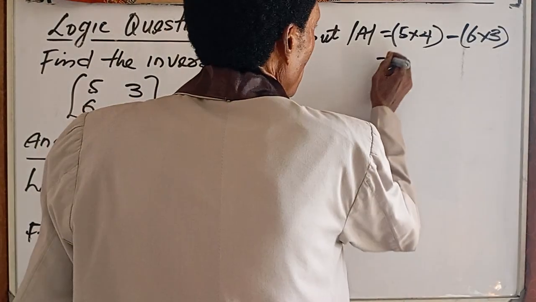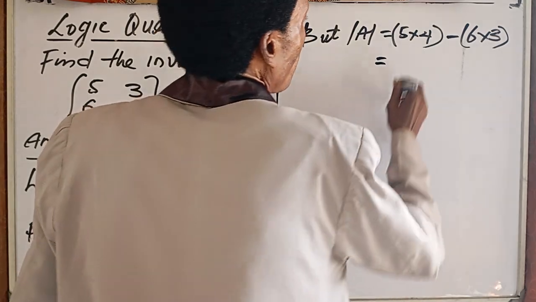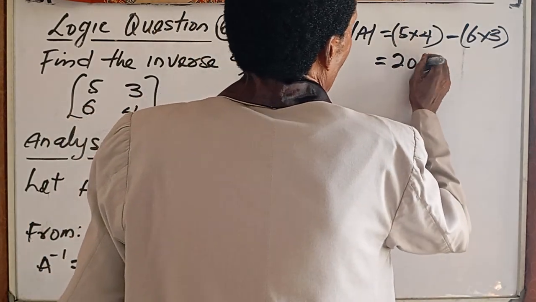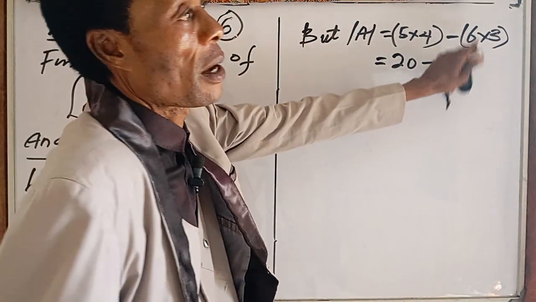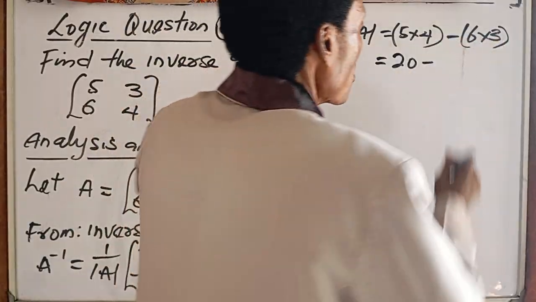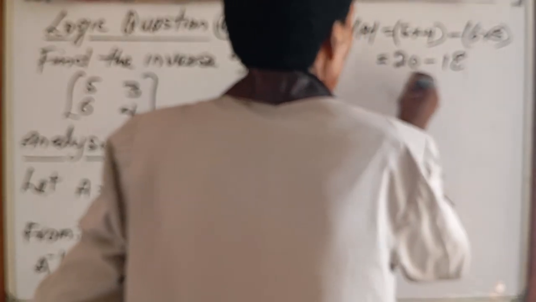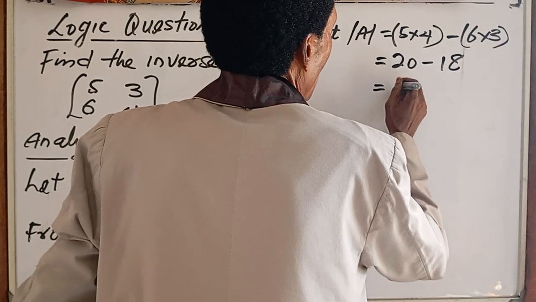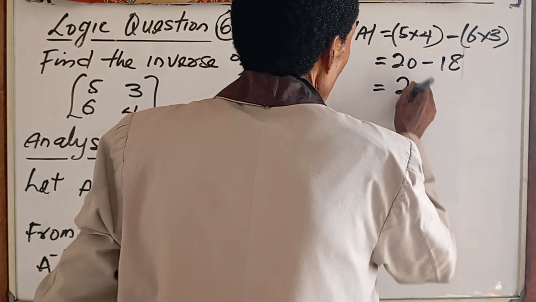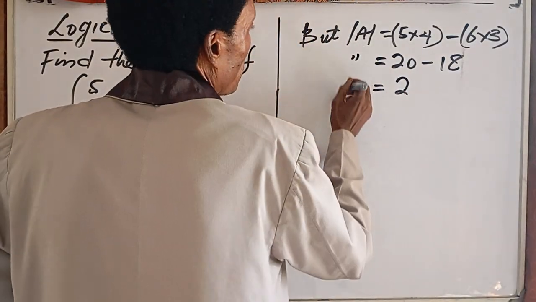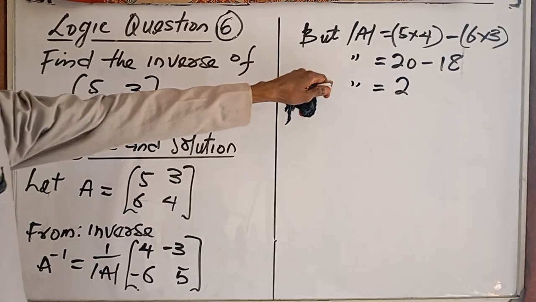So 5 times 4 will give us 20, minus 6 times 3, which gives us 18. So 20 minus 18 gives us 2. It means that the determinant of A is 2.